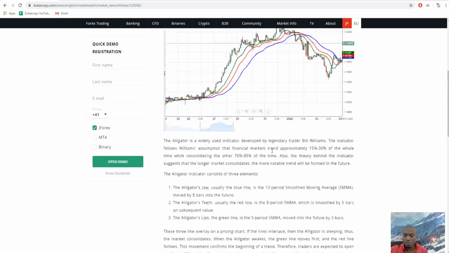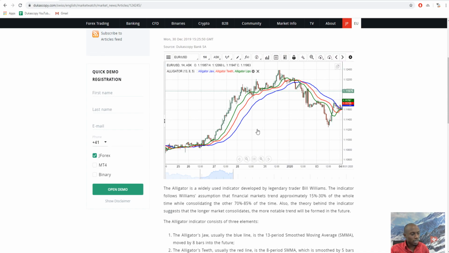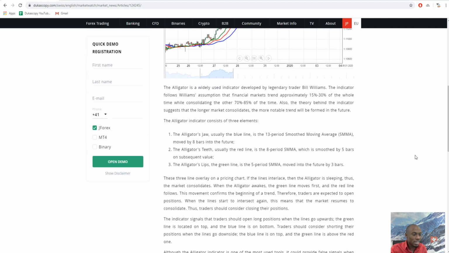Okay, let's go further. As you can see, this alligator indicator has three lines, 1, 2, 3. And according to B. Williams, he named those three lines. The first line, he called it the jaw. You can see it's the blue line, and it's the 13 period smoothed moving average.